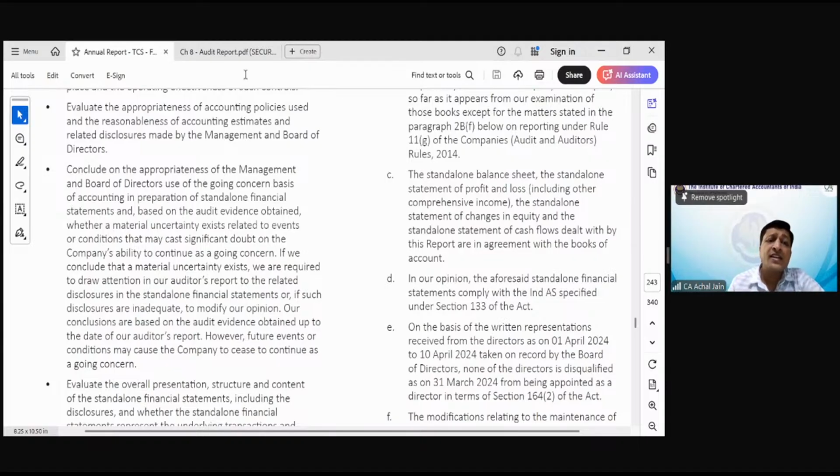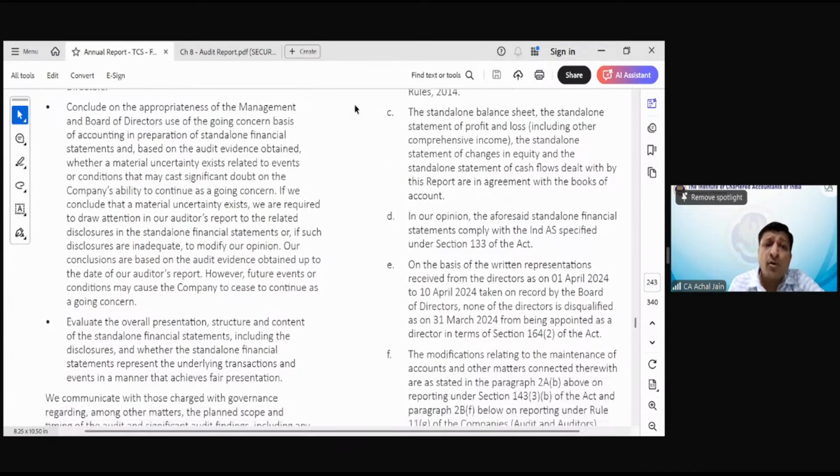Now the auditor says we also evaluate the appropriateness of accounting policies used and reasonableness of accounting estimates and related disclosures made by the management and board of directors. Then he says we also conclude on the appropriateness of management and board of directors' use of going concern basis.